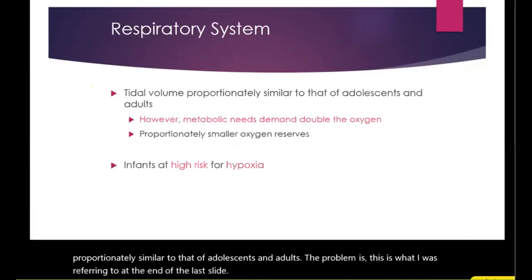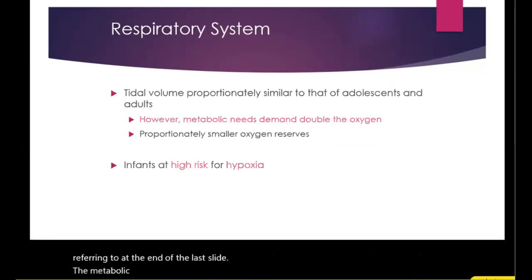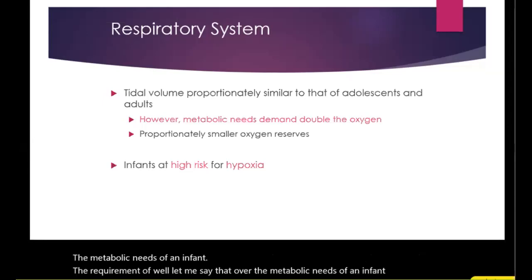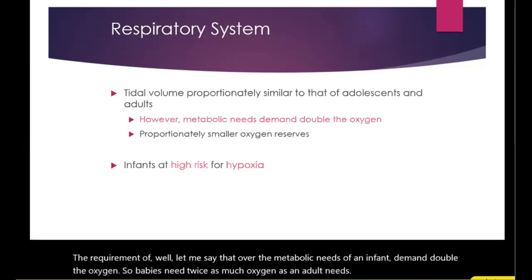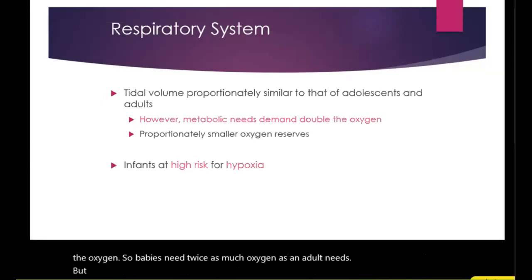The metabolic needs of an infant demand double the oxygen. So babies need twice as much oxygen as an adult needs, but they have proportionately smaller oxygen reserves.